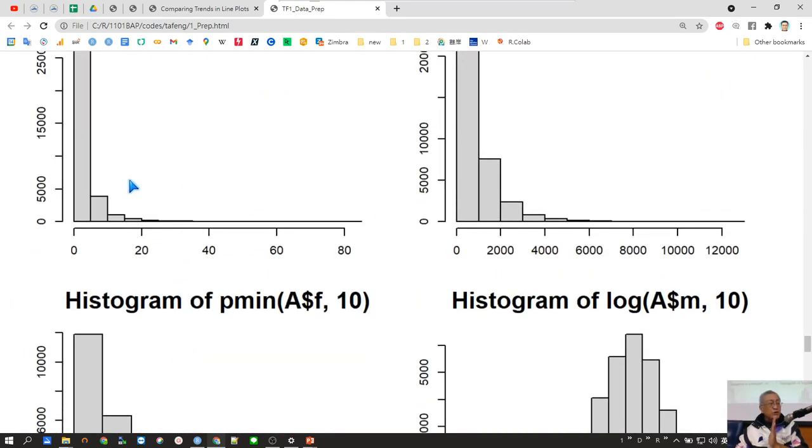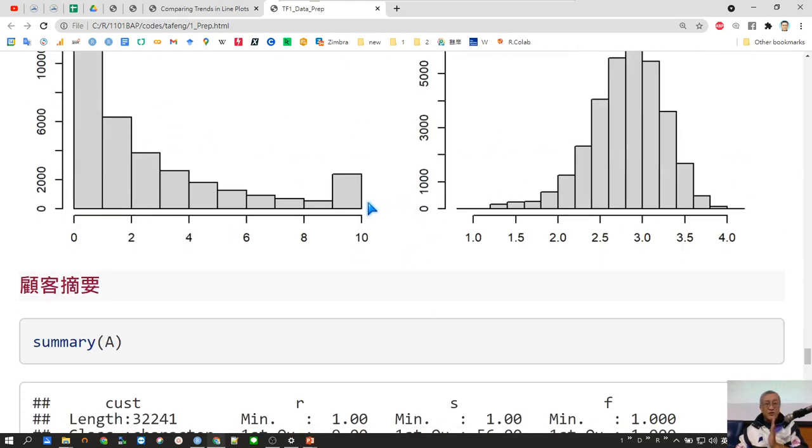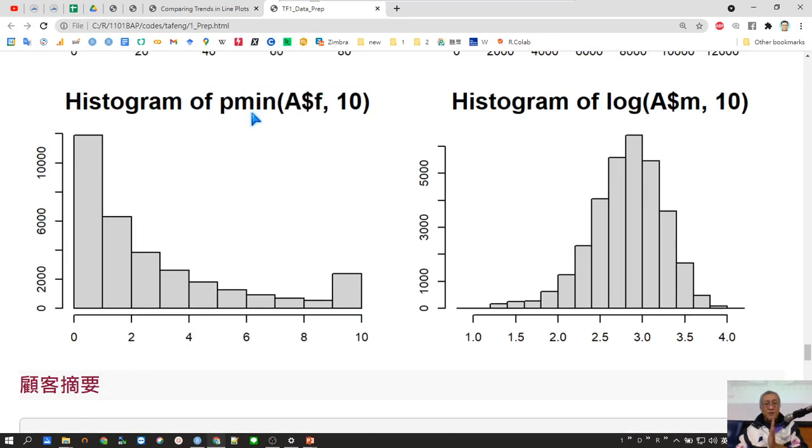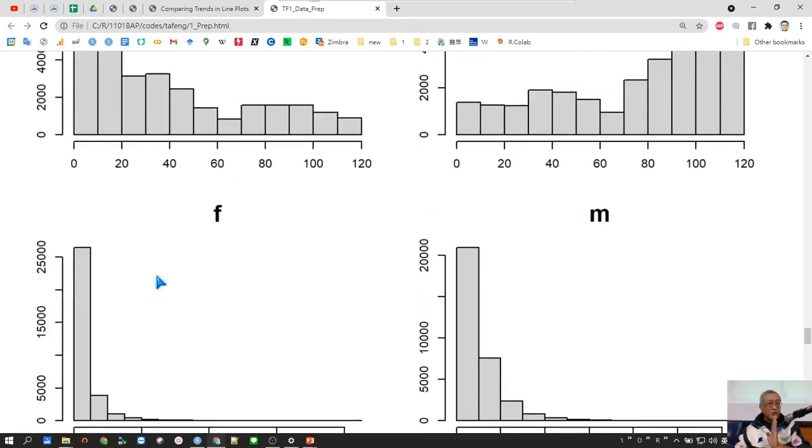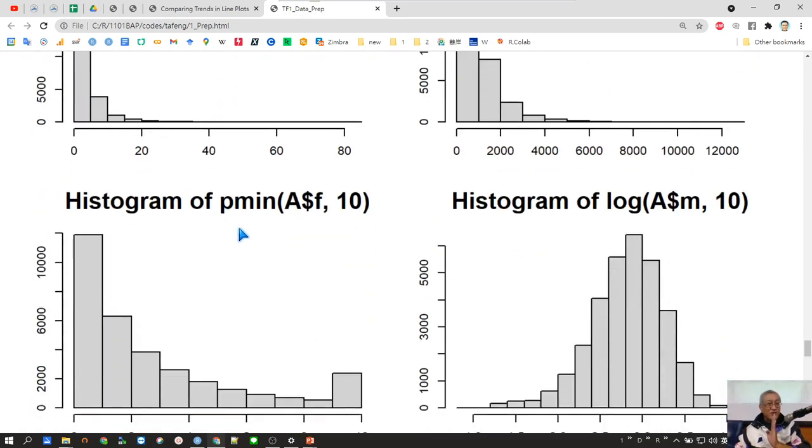So one way to treat this skewed data is to apply a p-minimum. A p-minimum of 10 means everything more than 10 is counted as 10. So this emphasizes the distribution between 1 and 10. This is one way to visualize a heavily skewed frequency.